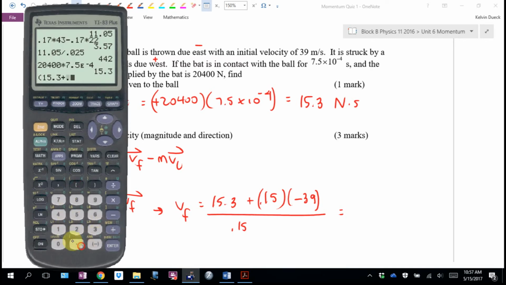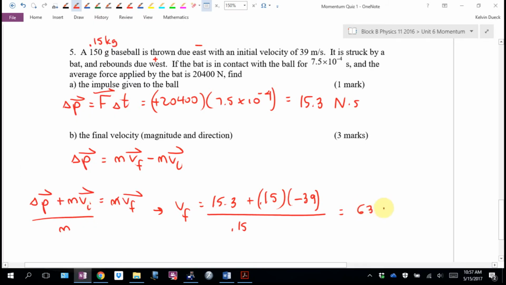So 15.3 plus 0.15 times negative 39, divided by 0.15. Do you get 63? Yeah? 63 meters per second. That's the magnitude. Direction, for me, positive, is west.